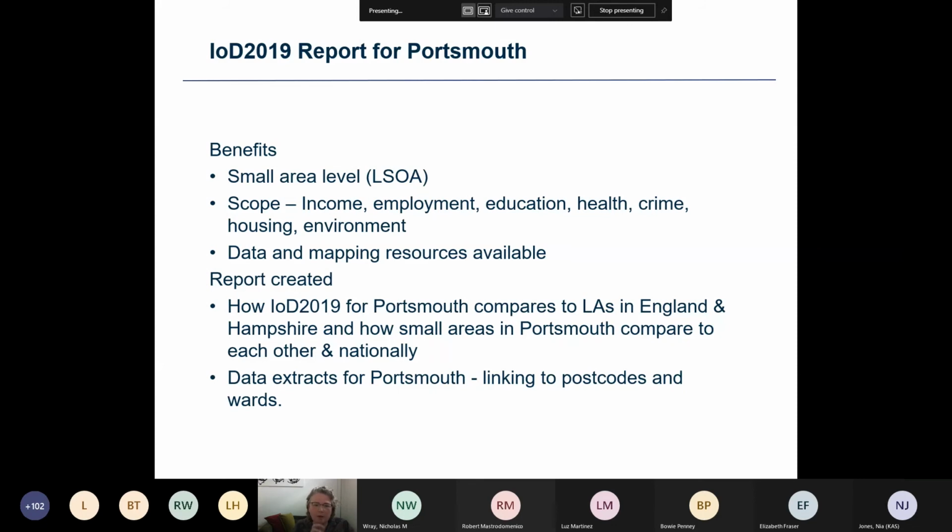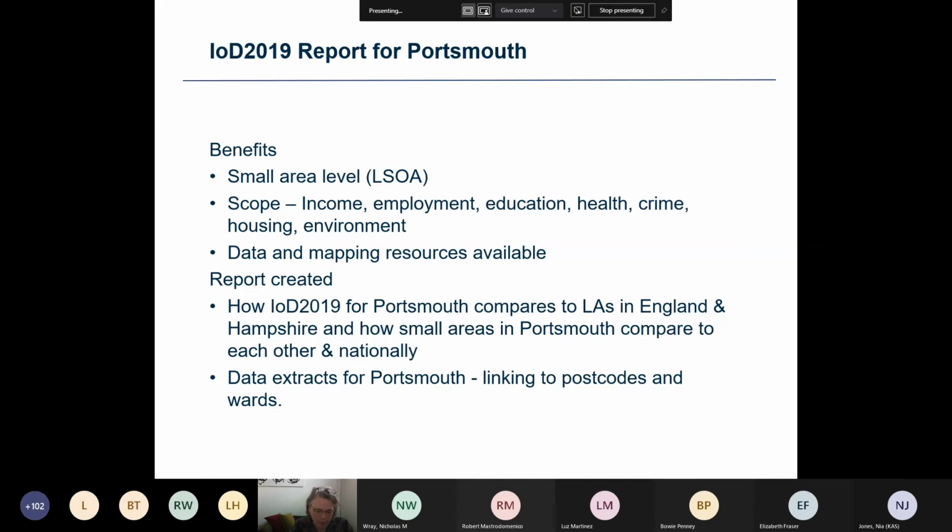So looking to see where we could get information or summary reports about the IMD in Portsmouth, we could see a high-level summary for Hampshire, but there was no publicly available report for Portsmouth. And so part of the project was to create a bespoke report for Portsmouth that tried to describe the information in an accessible form for the Citizens Advice in Portsmouth.